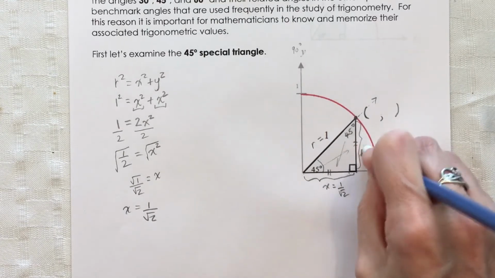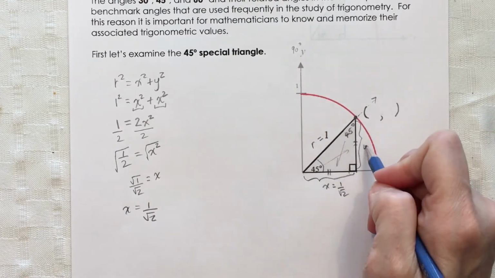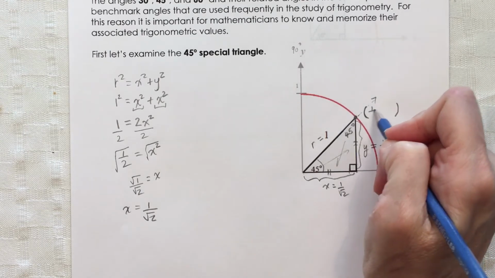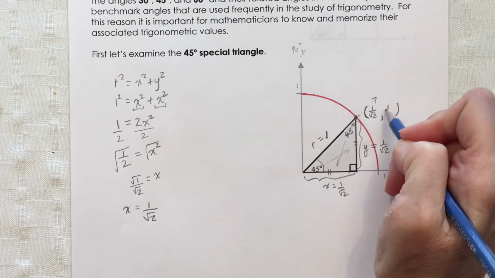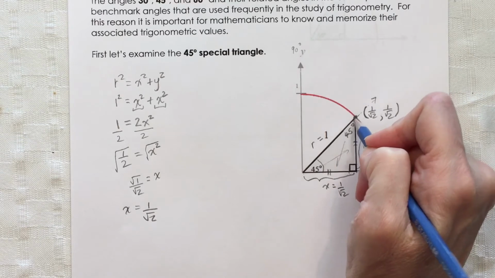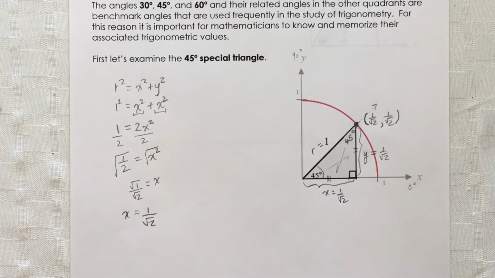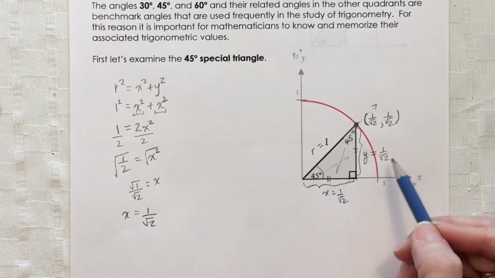And now I can call this y, but we know it's going to also be positive 1 over root 2. So this point here is going to be 1 over root 2, 1 over root 2, to get to that point there on the terminal arm.